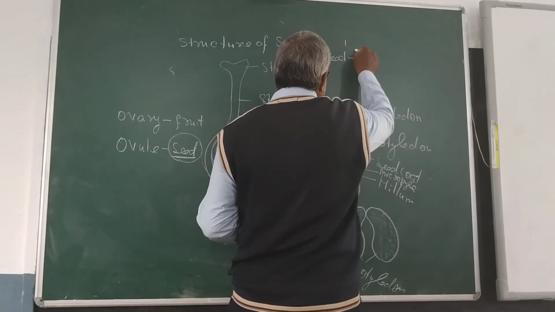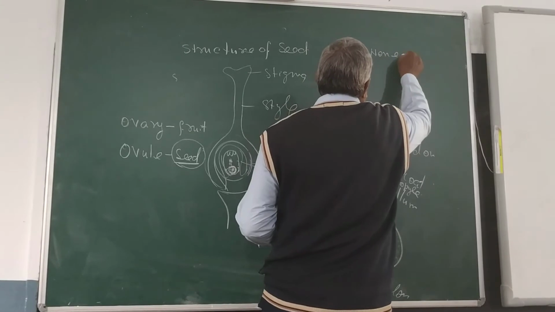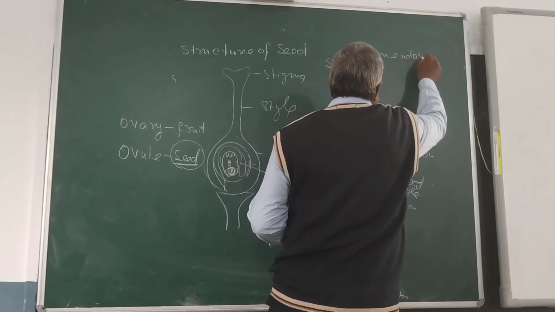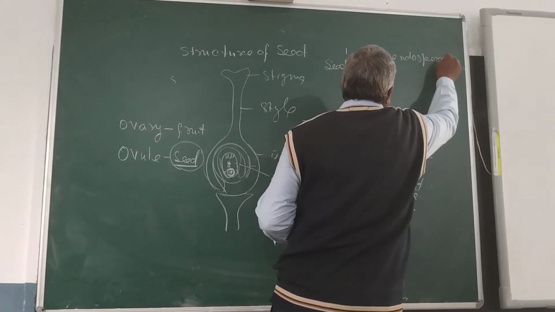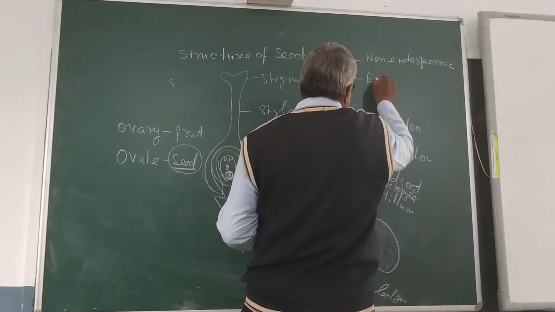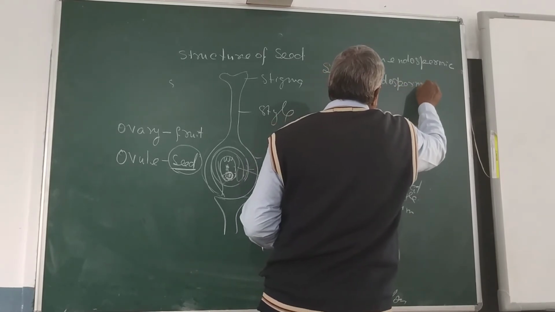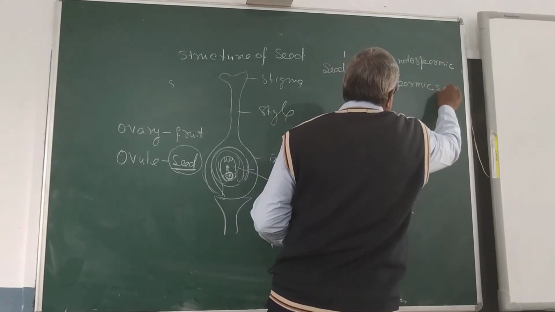So on the basis of endosperm, seeds are non-endospermic, and endospermic, in which endosperm is present, that is called endospermic seeds.